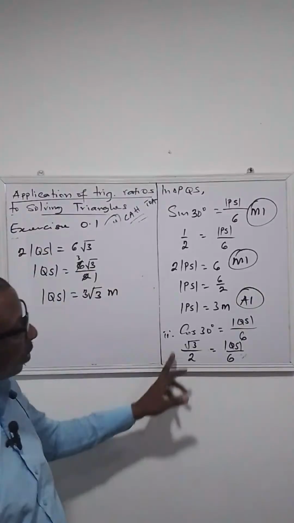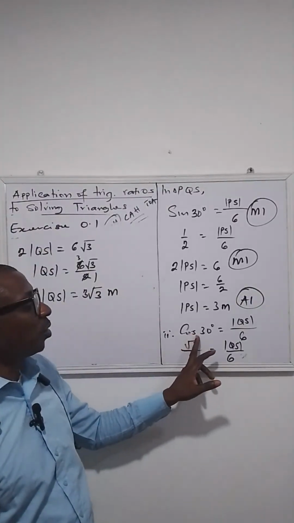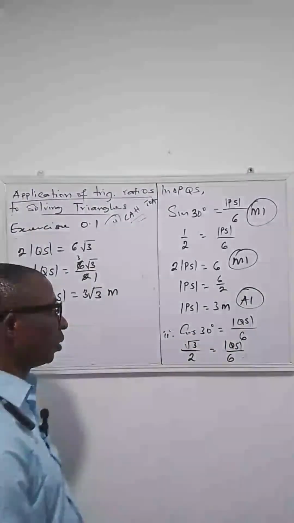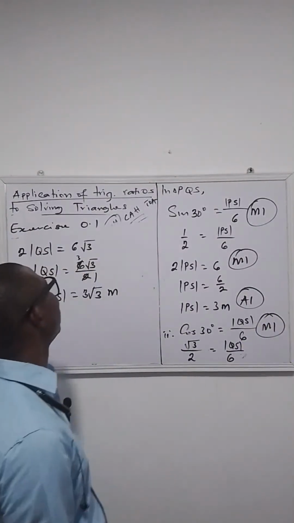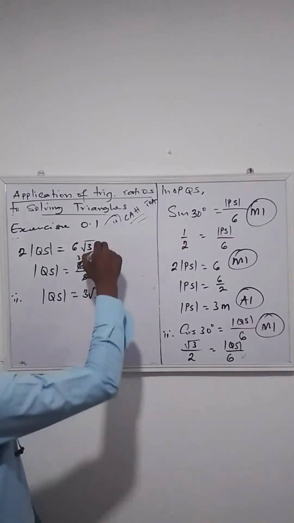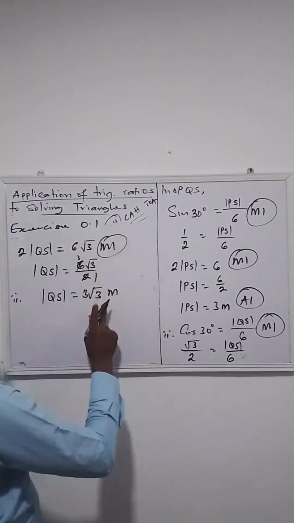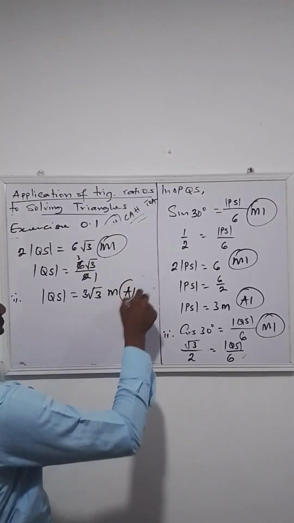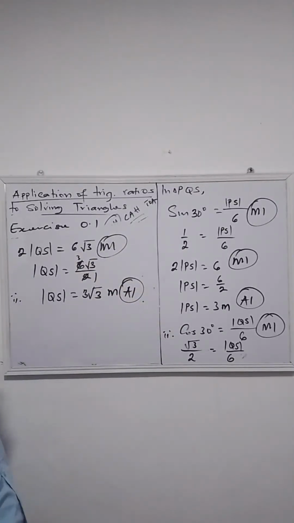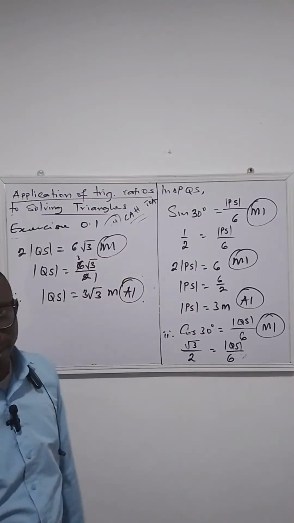The same thing also applies to the second part. So for writing the trigonometrical ratio, we have M1. Now for solving, we have M1, and for getting the correct answer, we have A1. All right, so we have 6 marks altogether.